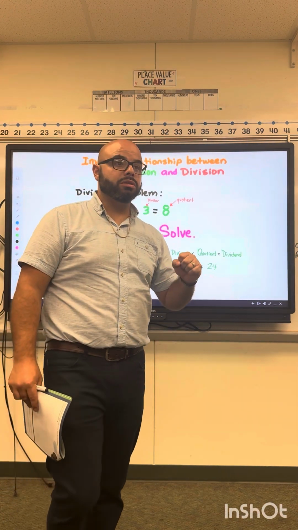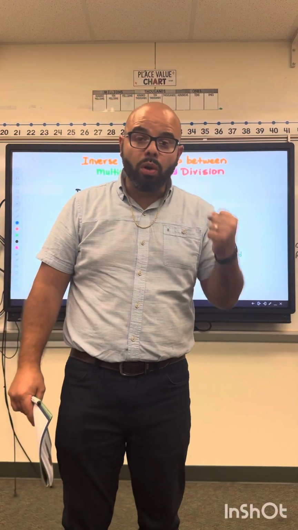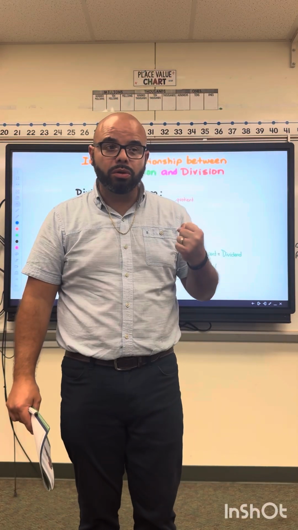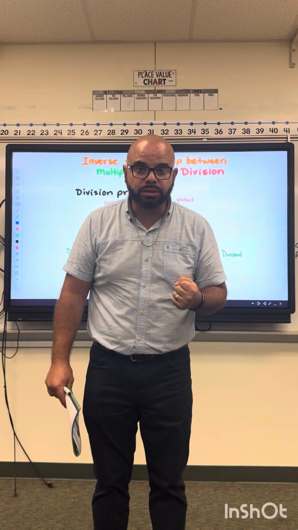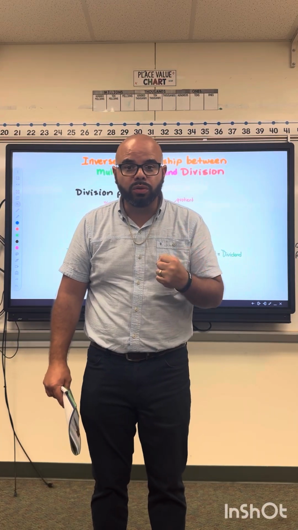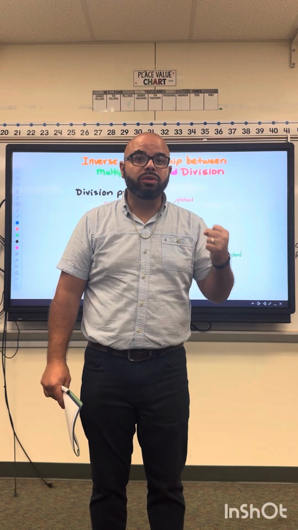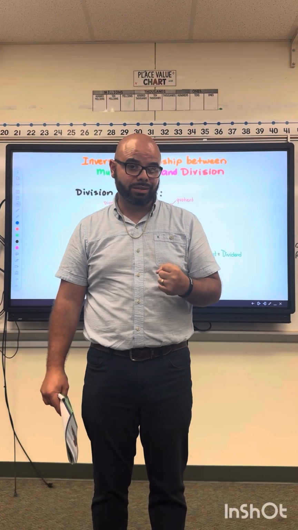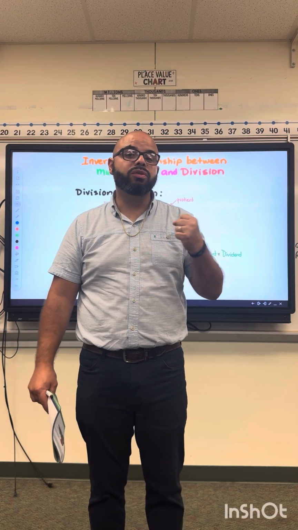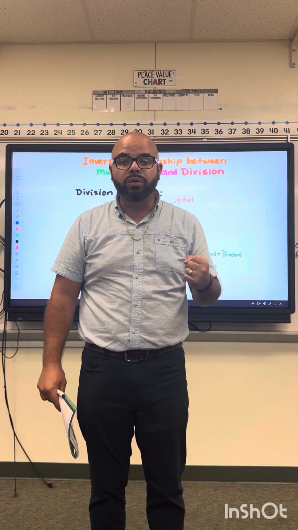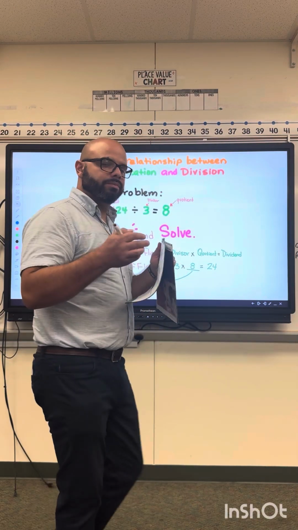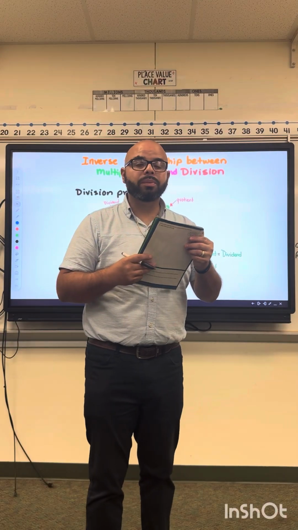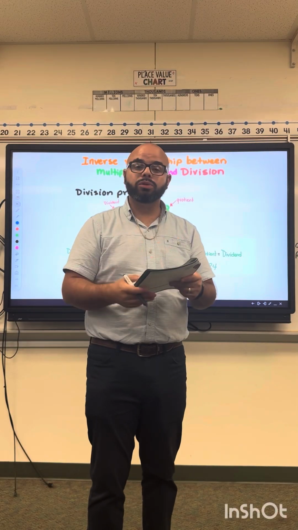It's pretty much showing them, okay, if you know your multiplication facts, if you know your times tables, if you know what 6 times 4 is, okay, 6 times 4 is 24, then you know what 24 divided by 6 is, which equals 4, or 24 divided by 4 is, which equals 6, okay? So it's just showing them that division is the reverse side of multiplication.